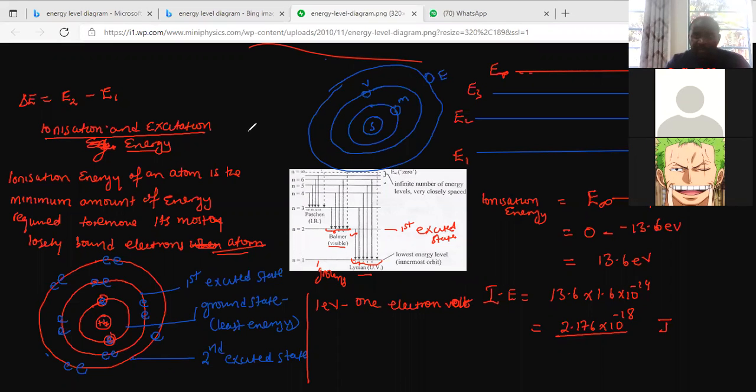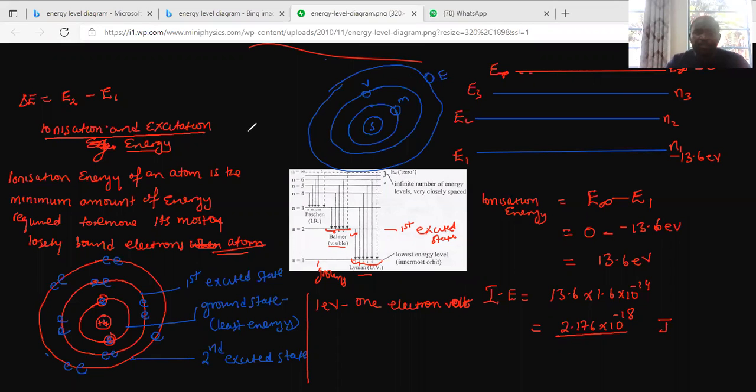And with that reason, if that work you're doing is to move an electron through a PD of 1 volt, then it means the kinetic energy gained by an electron being accelerated through a PD is the same as our ionization energy.